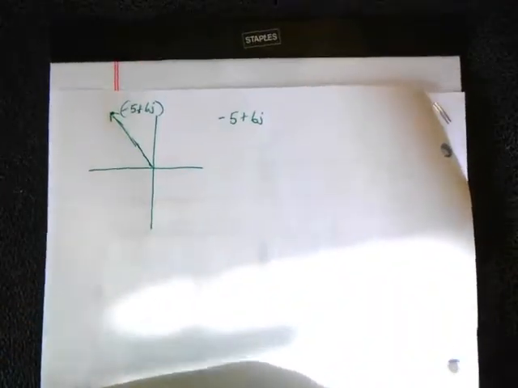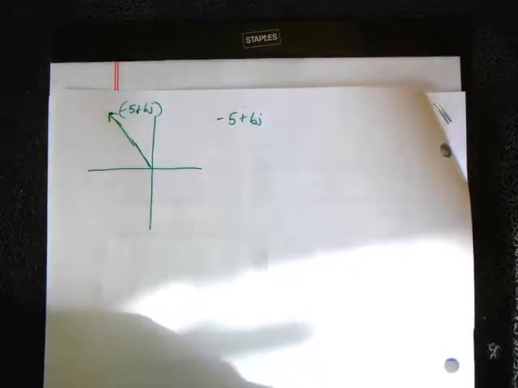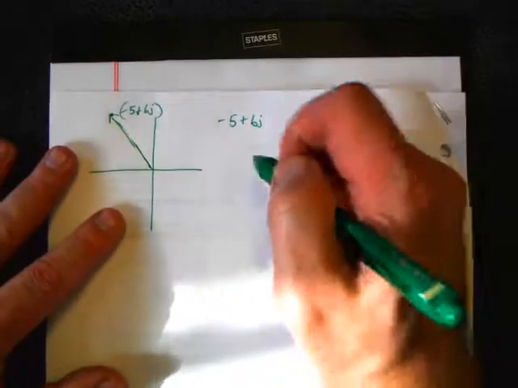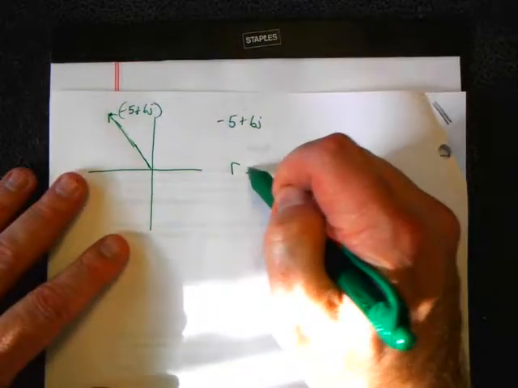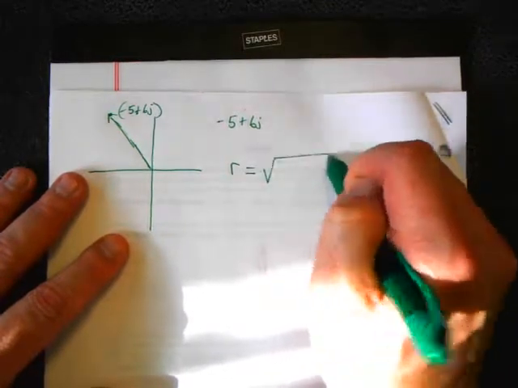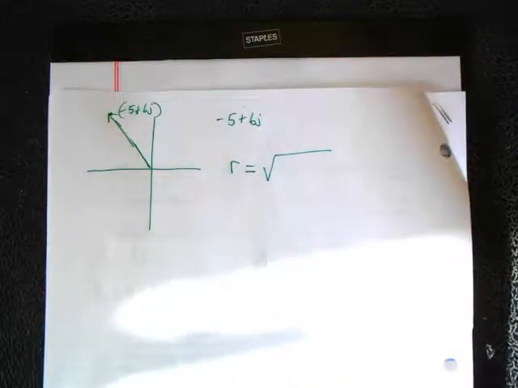Well, what do you have to do to convert it into polar form? You've got to find the magnitude. How do you find the magnitude? Pythagorean theorem. The magnitude is quite often called r. We're using Pythagorean theorem, so it's going to have a square root. It's really just a distance formula.